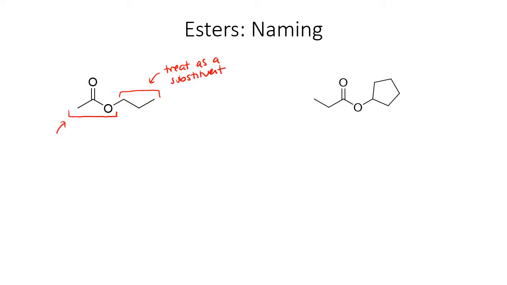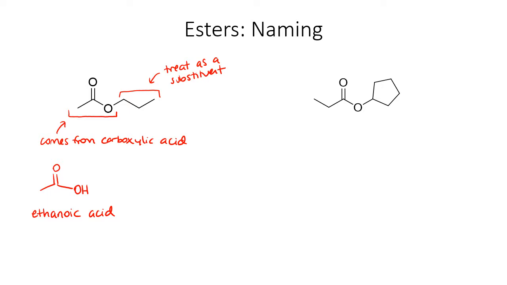And this component comes from a carboxylic acid. So let's consider the name of this in its carboxylic acid form. We have a 2-carbon chain, so it would have the name ethanoic acid.